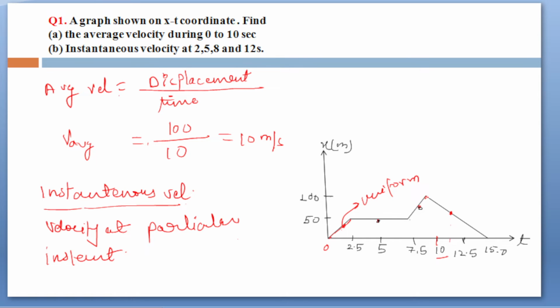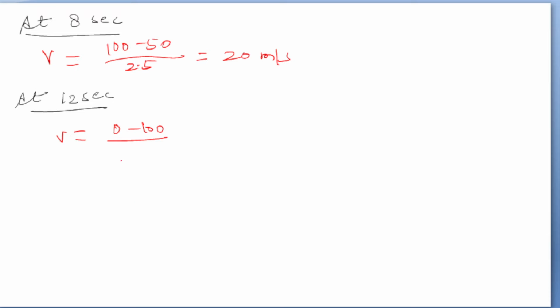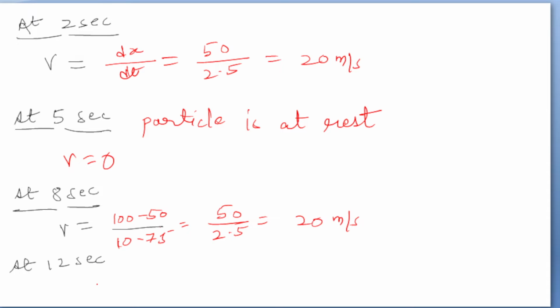We have to find the slope of this line, which is 0 minus 100 divided by 15 minus 10, that is minus 20 meter per second.